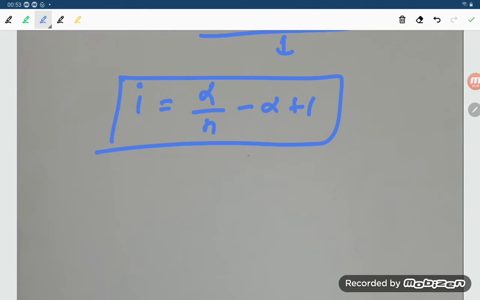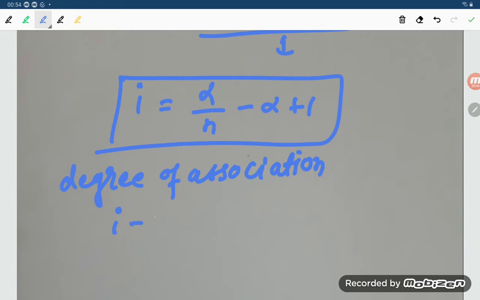How to calculate the degree of association from this formula? I minus 1 equals alpha by n minus alpha.